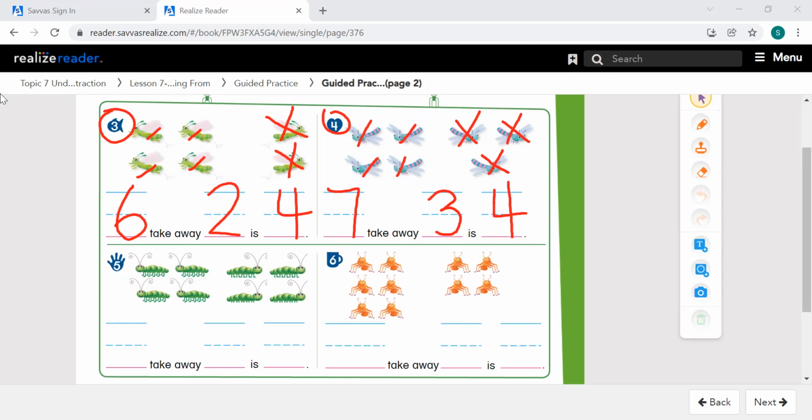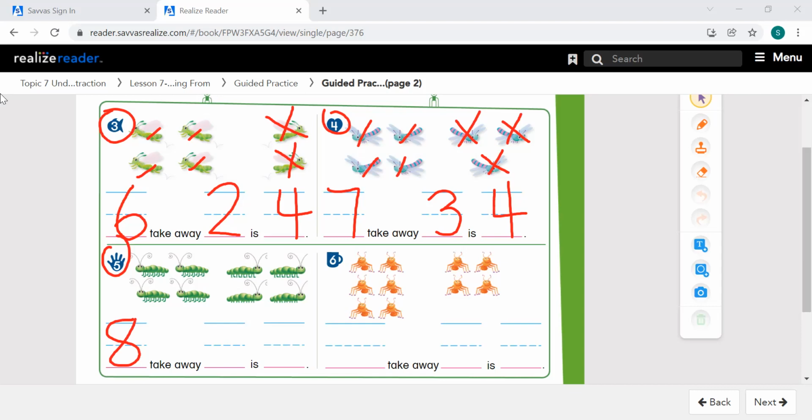All right, let's look at number 5. There are 8 caterpillars resting on a branch. So let's write 8 because that's how much there are in all. 4 caterpillars crawl away. So what do we do next?